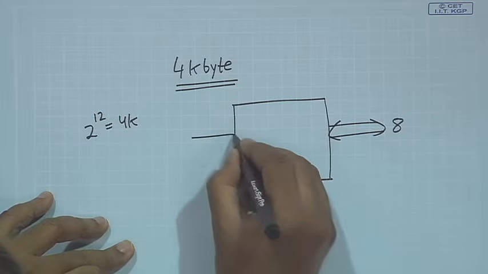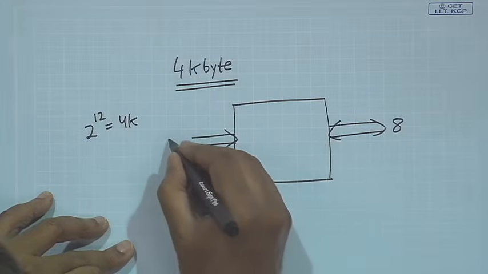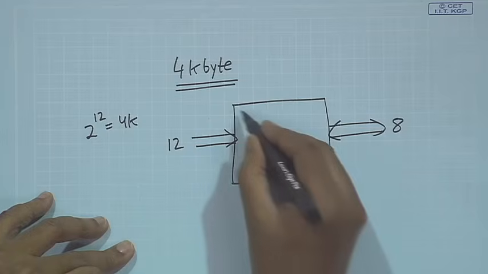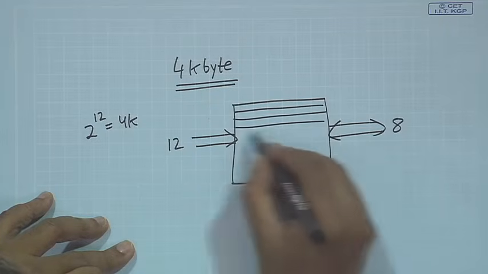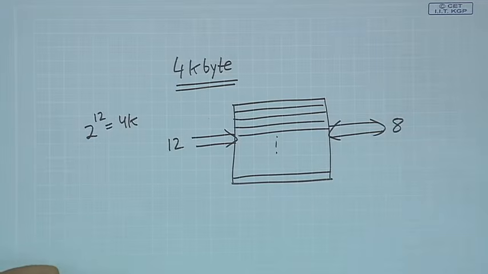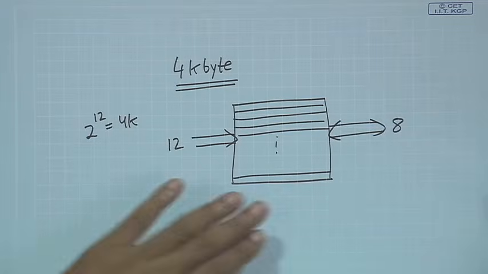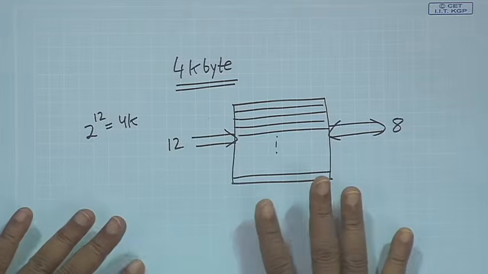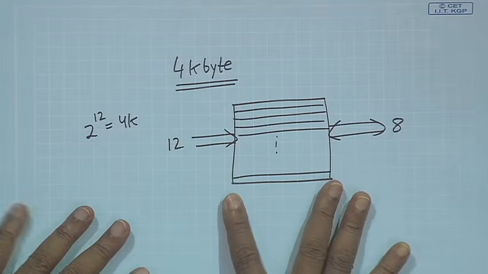So, there are 12 address lines available to access one of the memory words, and the size of the memory word is 8 bits. Fine. So, how we can declare such a memory cell as an array, and how we can use it in a Verilog code, we shall be seeing through this lecture.